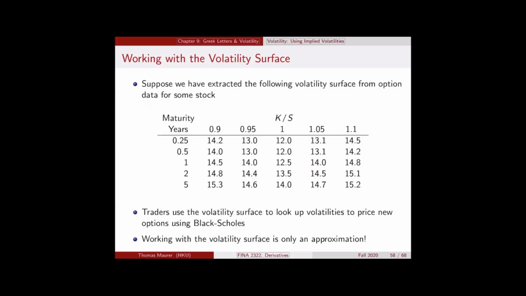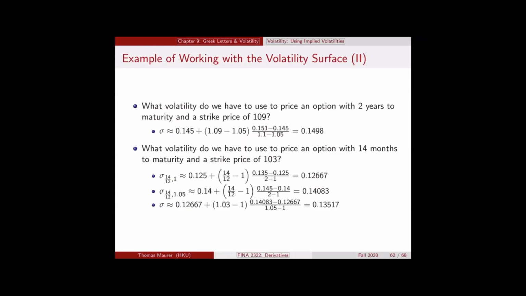Then I want to move from the 1 year maturity to 14 months, so I take 2 months times that slope, and add that to my implied volatility of an option with 1 year left to maturity and moneyness of 1.05. That gives me this volatility of 14.083%. That's for an option with 14 months left to maturity and moneyness of 1.05.